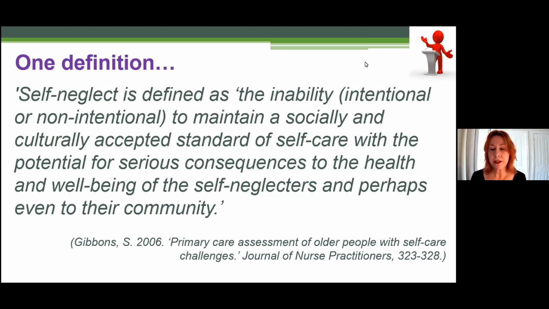For example, someone who lived through World War II and experienced severe deprivation that was socially and culturally accepted at the time because the country was at war, so there was a food shortage and needful rationing around food. That wouldn't be accepted as a standard of living now in 2021. So that's what it means. The definition talks of serious consequences to the community as well.